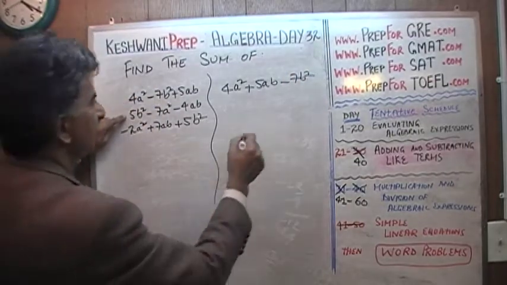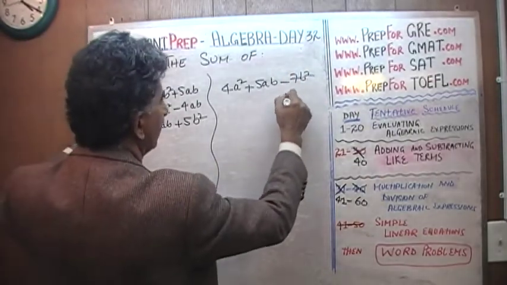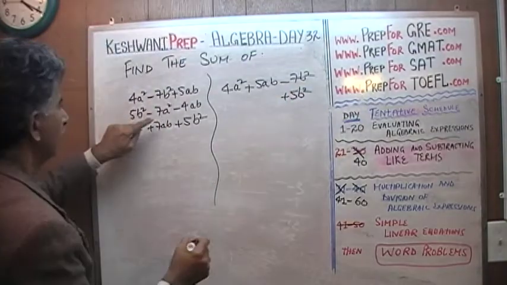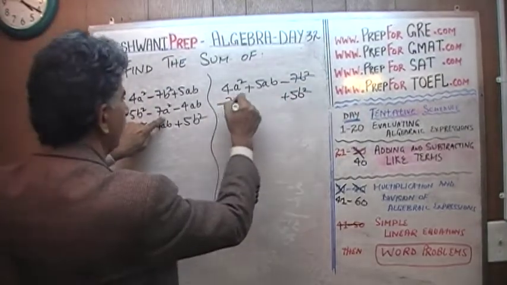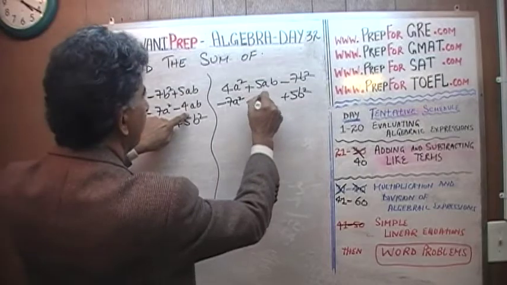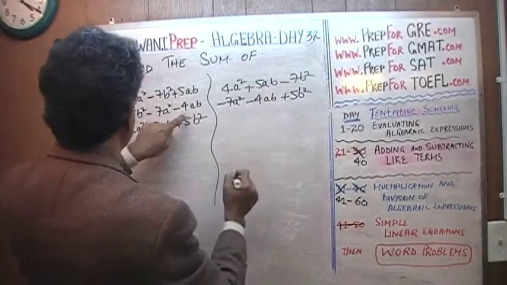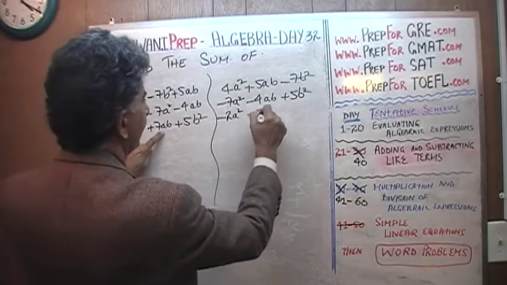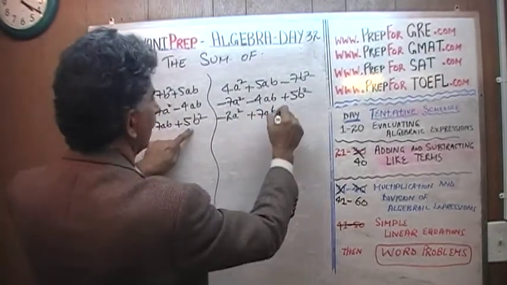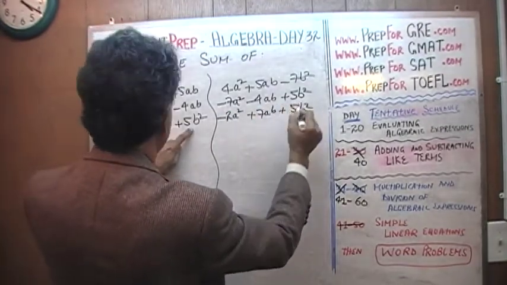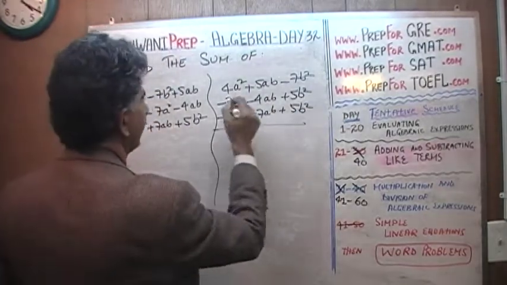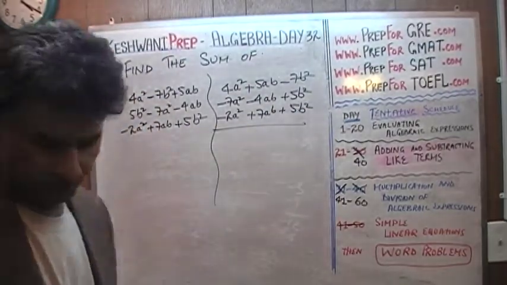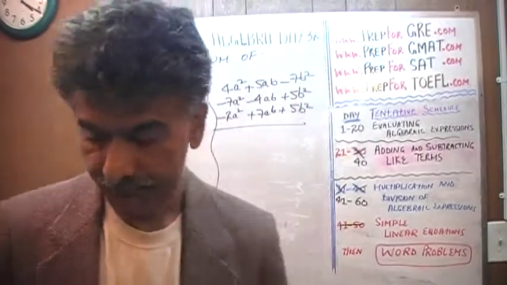Then we have positive 5b squared, negative 7a squared, negative 4ab, negative 2a squared, positive 7ab, and positive 5b squared. Let's add them up and see what we get.